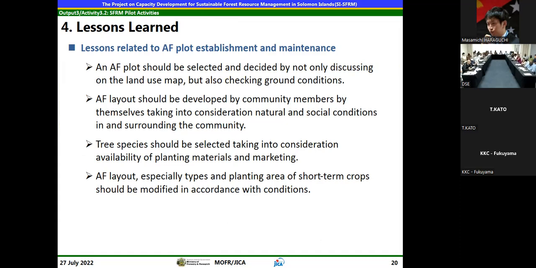People know how they market and what materials they have available, so it should be done by the people and not the project and the ministry. The layout, especially types of plant areas, should be modified according to the conditions, and also the different seasons of crops. Next.